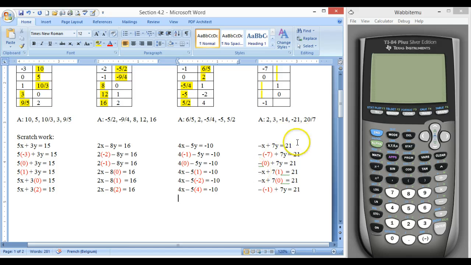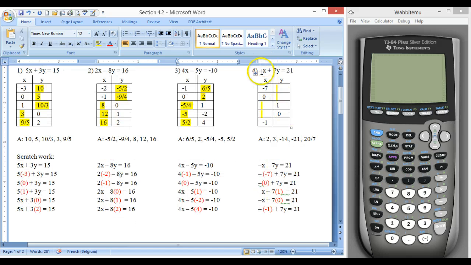All right, let's move to the next one. Example 4. Here's another of the tricky ones, where I have a negative in front of the x, and so when I substitute a negative in, it's really important to have those parentheses, because whatever number I'm given, in this case negative 7, that whole thing goes in for just the x, because the variable it's replacing is the x.